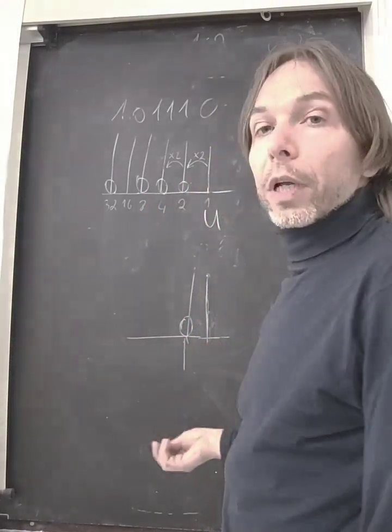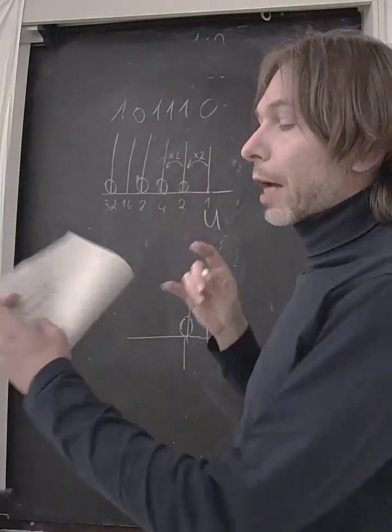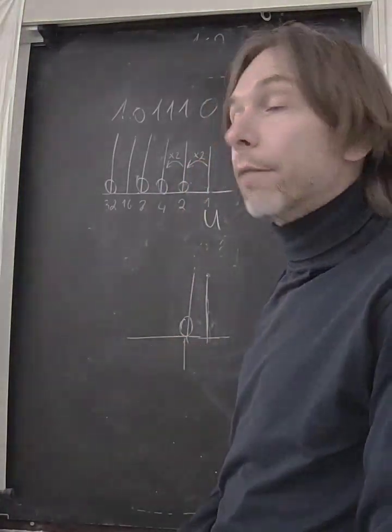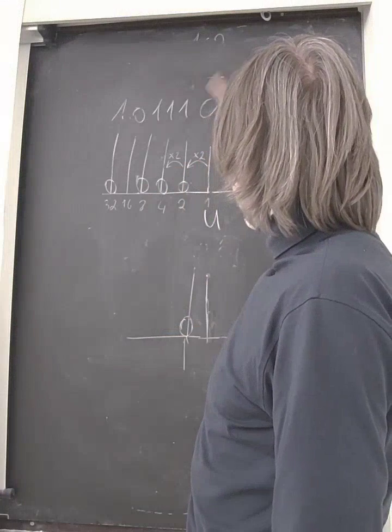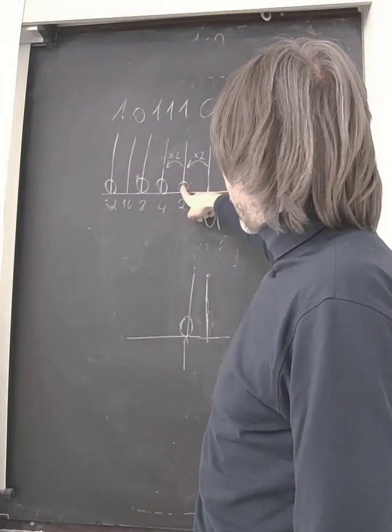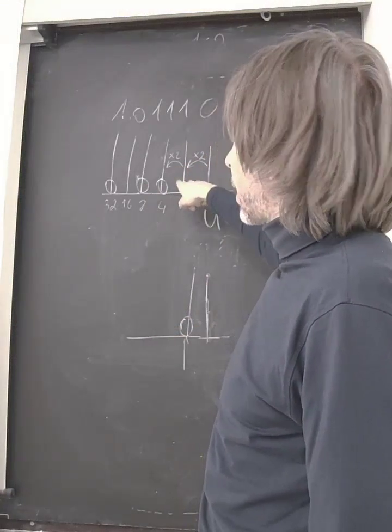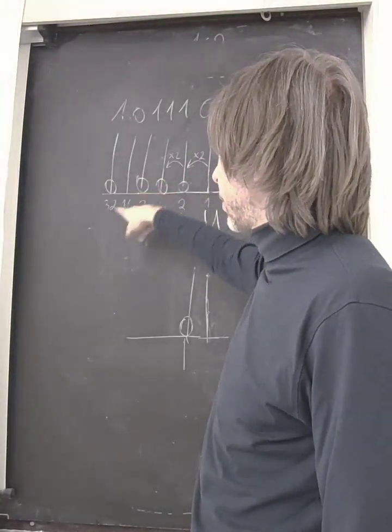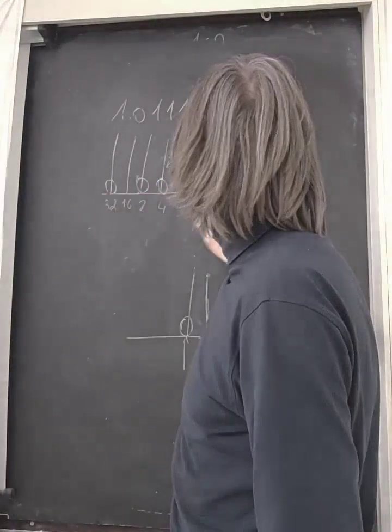Well, in total, with this number, the first number of this exercise book, how many apples do I have? 2 apples plus 4 apples plus 8 apples plus 32 apples.